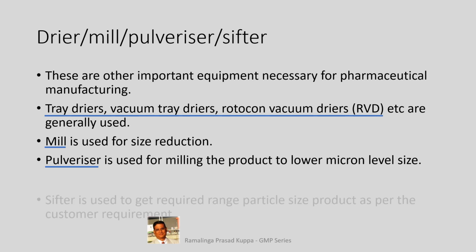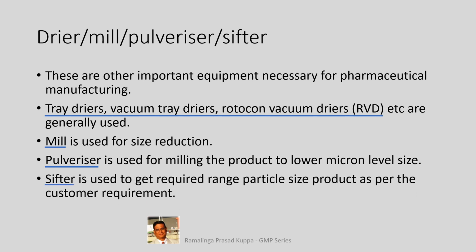Sifter is used to get required range of particle size product as per the customer requirement. Sifter is selected for grading the product's particle size. It is available with different mesh grades as required. You have 10 mesh, 20 number mesh or 40 number mesh or 60 number mesh or 100 number mesh, to name a few.